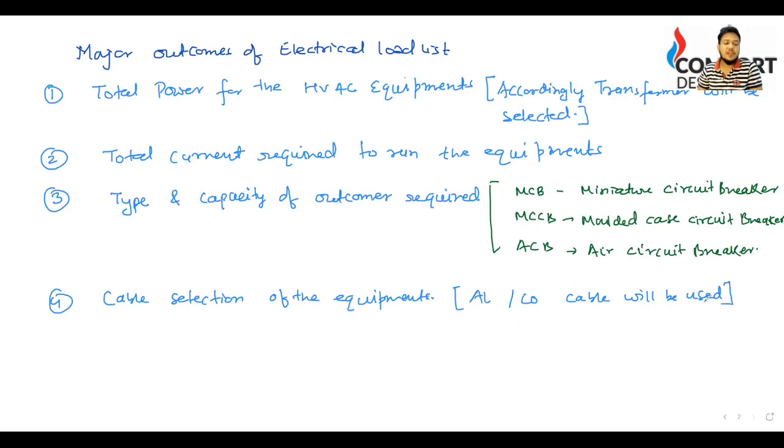So this is what we will be determining. These are the four major outcomes of any electrical load list prepared for an HVAC project.